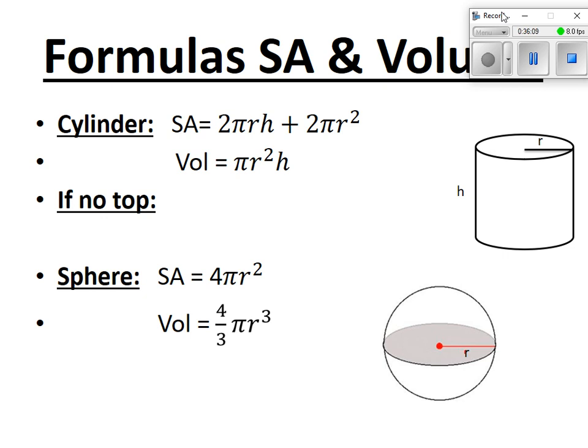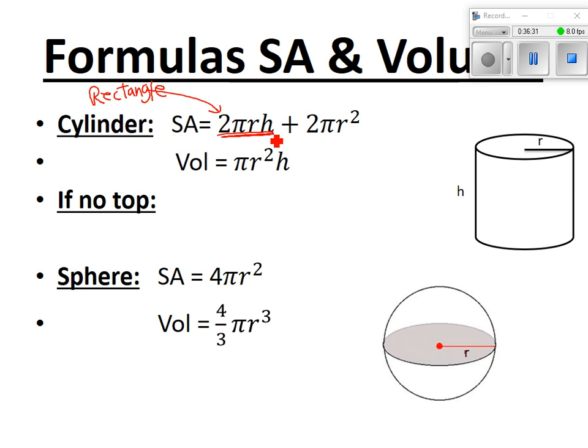On your notes, I want you to write this down. This part right here, that's the rectangle. So that part of the formula, 2 times pi times radius times height, that's just the area of the rectangle.